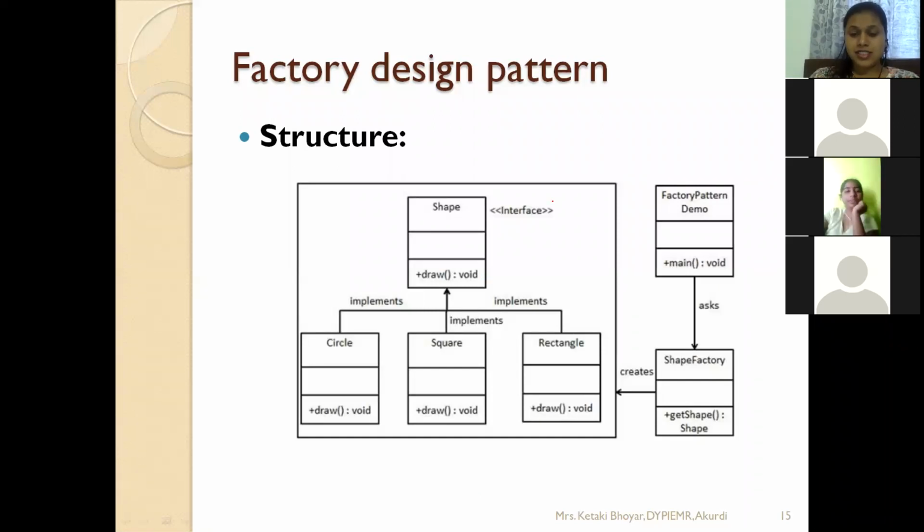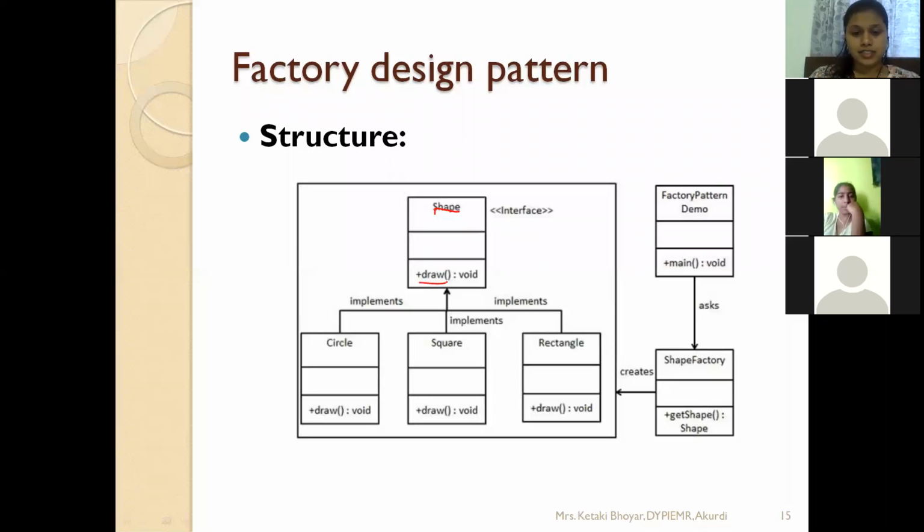Now please see the class that I'm going to show you. First, one shape interface is defined. You all know for what purpose we define an interface. This interface has one method, which is draw.